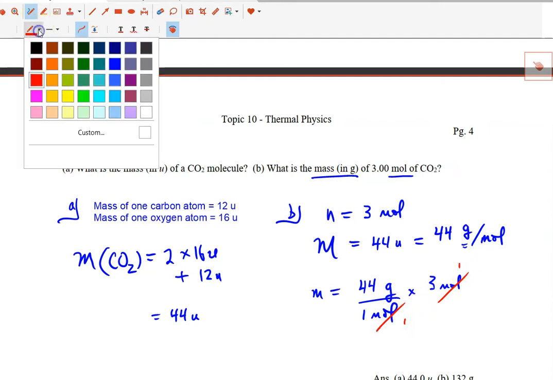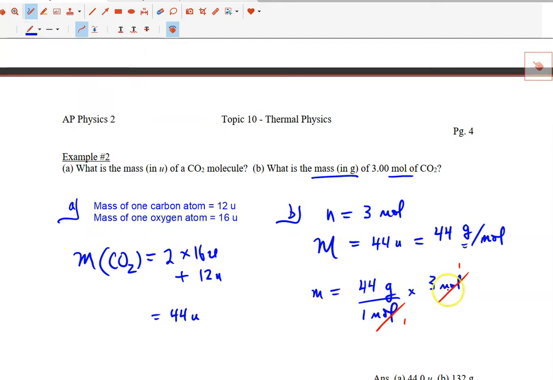Then all I have to do is multiply 44 times 3, and that gives me 132 grams. That's how much substance I have. So try to use the techniques you've learned earlier with dimensional analysis, like when you convert kilometers per hour to meters per second, in order to convert, say, from grams to moles, or grams per mole, and so forth. Okay? That's it for this example.